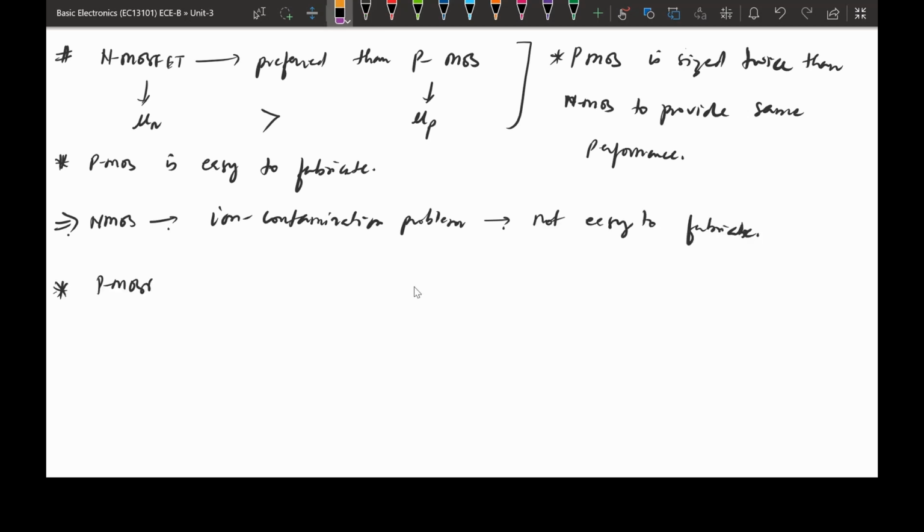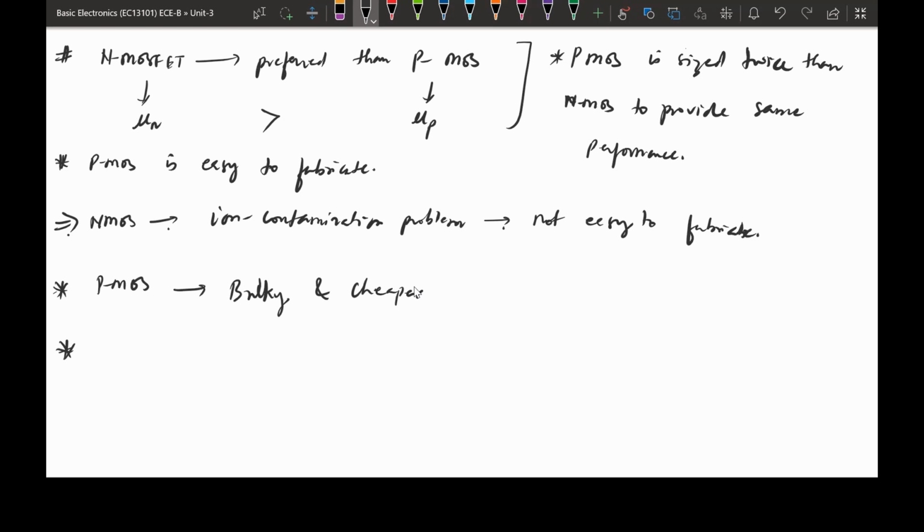As we said, the PMOS needs to be sized double to provide the same performance as the NMOS. So PMOS is considered bulky, but cheaper in comparison to the NMOSFET, because PMOS has a bulkier size, but NMOS is of a smaller size.